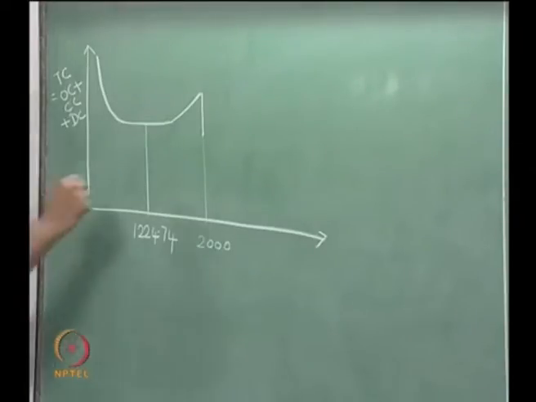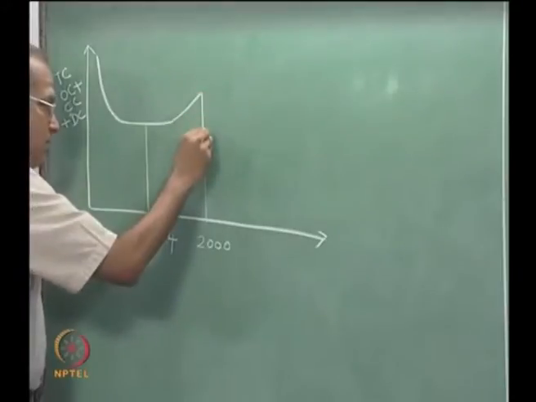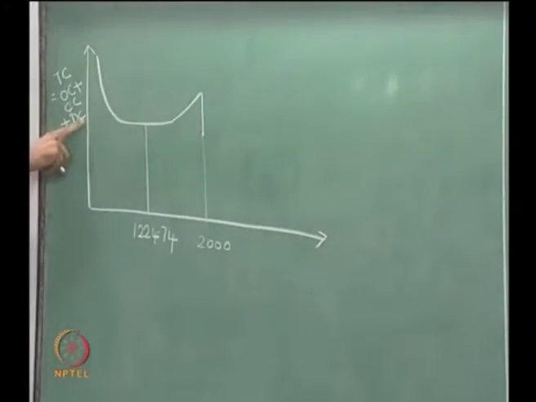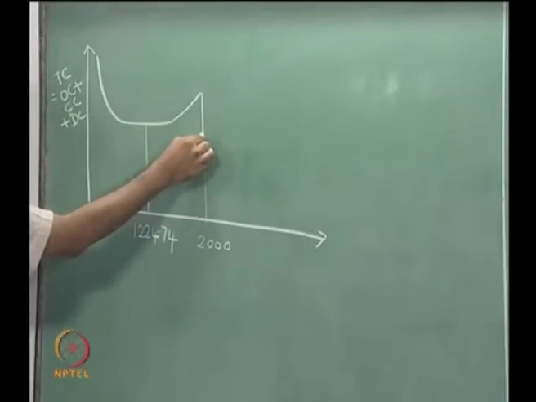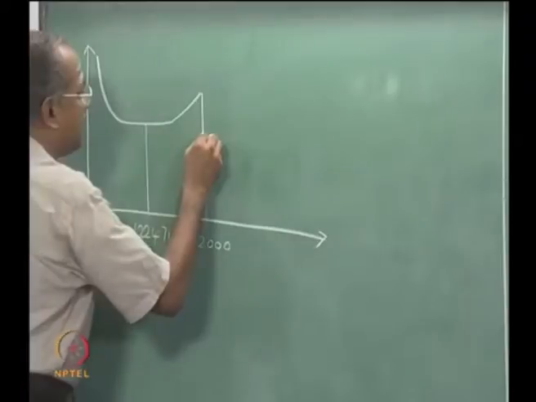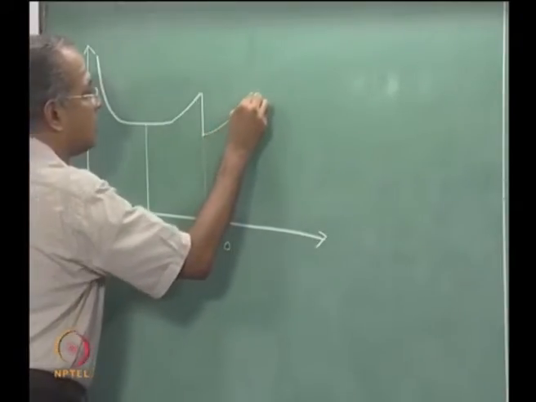So, we realize that at 2000 it actually comes down, becomes lower than this. This is your 204898.98. This value is your 201420. So, this is here, and then if you see carefully, the total cost will go up.